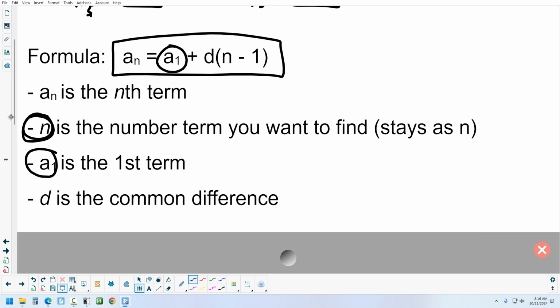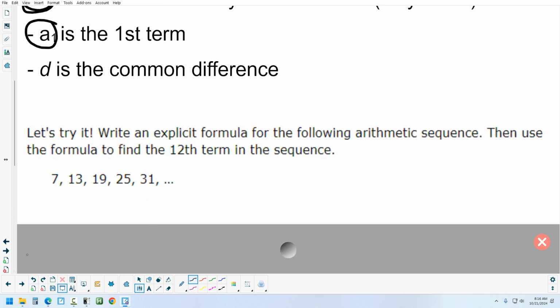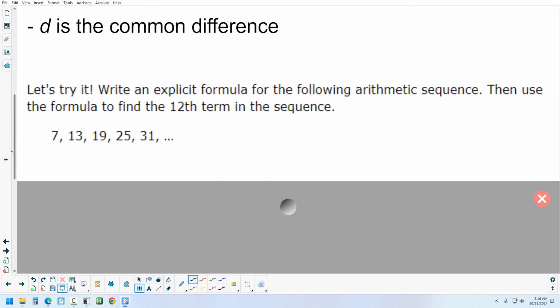All right, so let's see if we can figure out how to write a formula, and then we'll try it and see if it works. Okay, let's try this one. So it says to write a formula for the sequence that's right here.